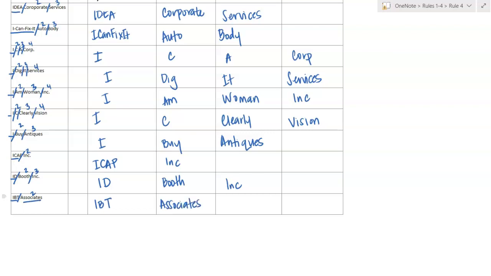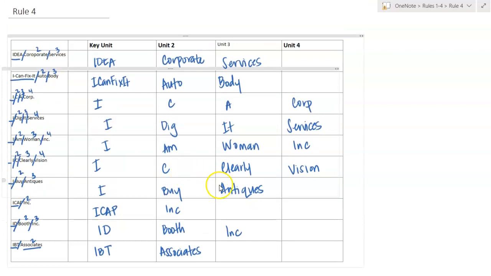Okay, notice that I do spell the entire thing out, I don't abbreviate it. So let's try to put this in order. All of our key units begin with an I, and so remember that nothing before something rule I mentioned.